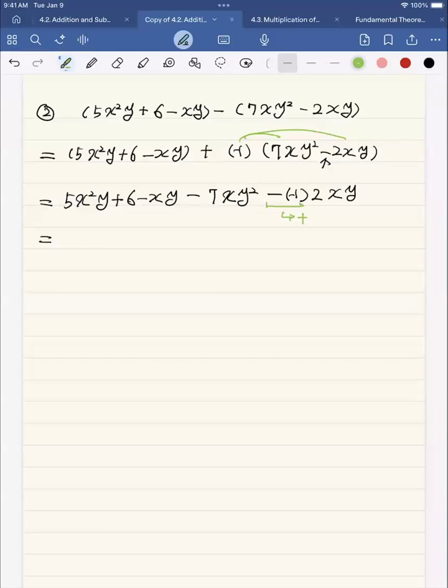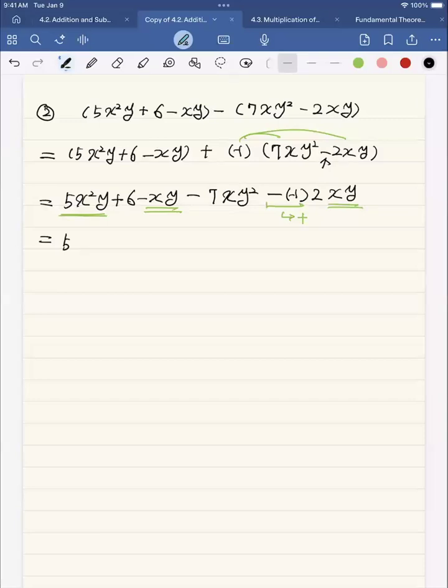And then we have to think about the like terms. There is no like term for 5x squared y. And we find that this xy and this xy are like terms.